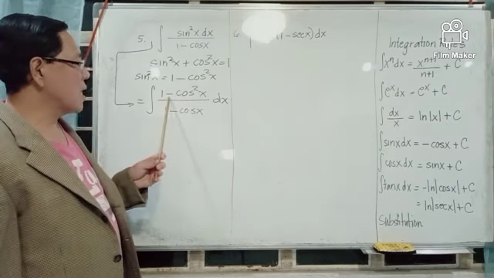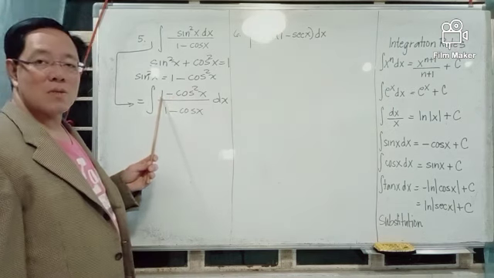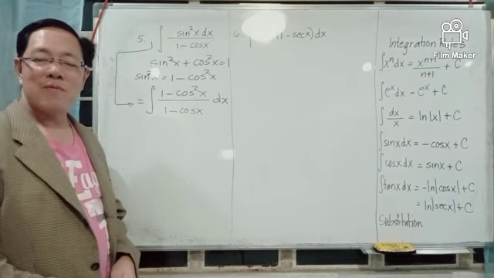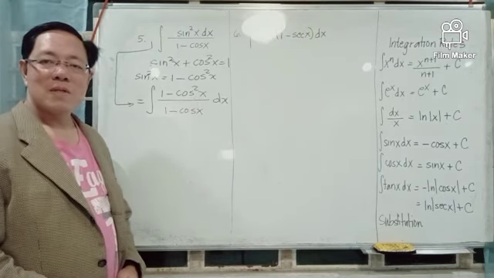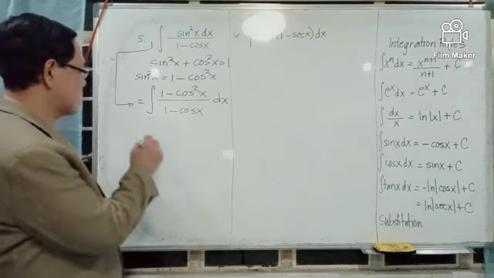In the numerator, we have the difference of two squares. We have 1, which is the square of 1, and we have the square of cosine. One of the factoring methods is for the difference of two squares.